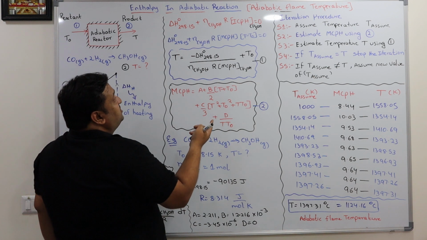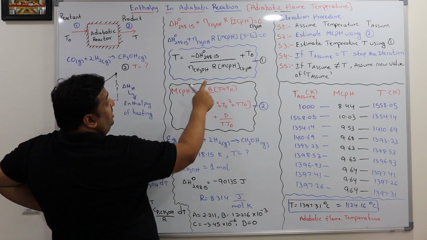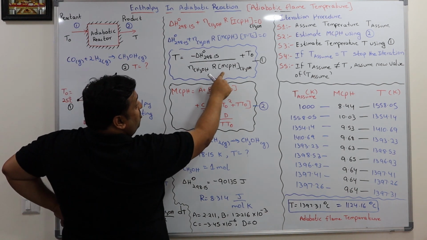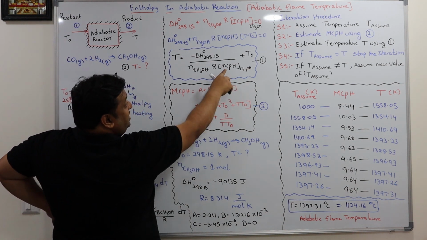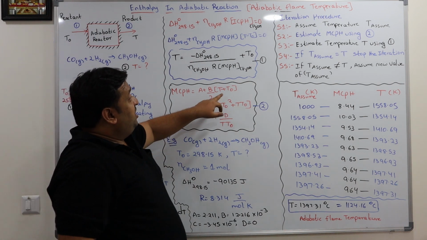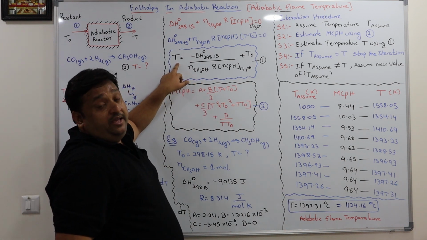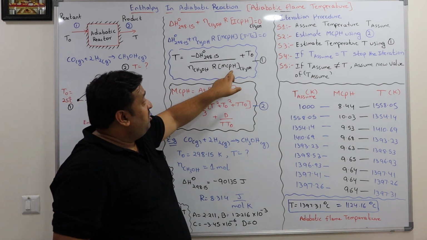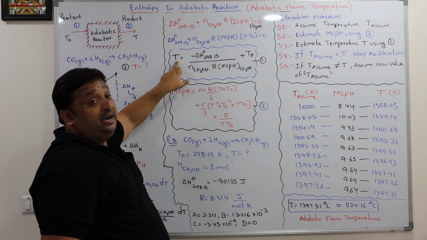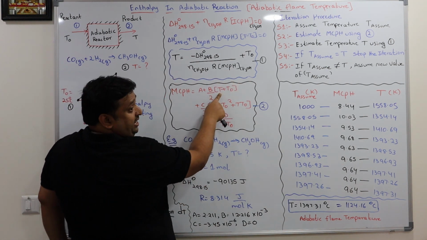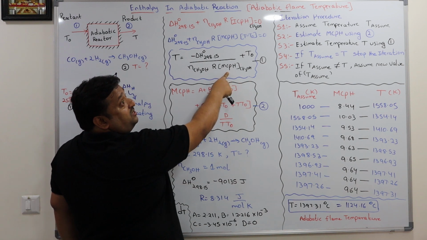So you can see, if you know all the terms, you can calculate T. But MCPH also consists of a T term. That means as long as you don't know T, you cannot calculate MCPH, and as long as you don't know MCPH, you cannot calculate T. If you know T, then only you can calculate MCPH.